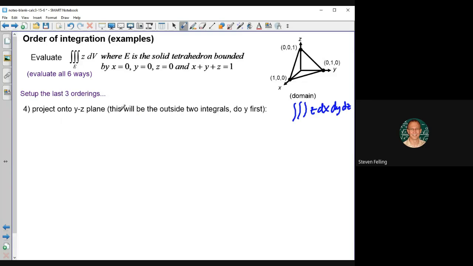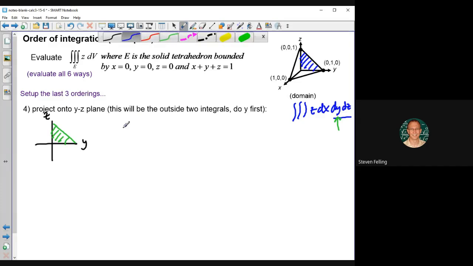All right, so we would be projecting onto the yz plane, which means this is the region in the domain. I would sketch that maybe. It's yz, and the region looks like this. Then I would pick the order of the direction for the outer two, which we decided to go y first.